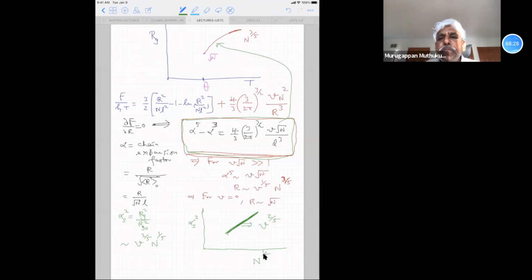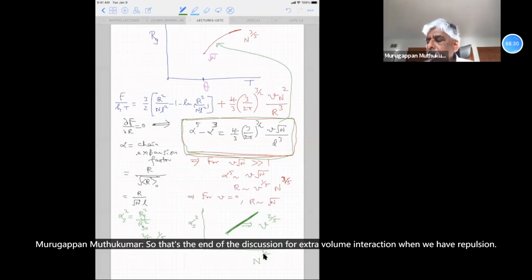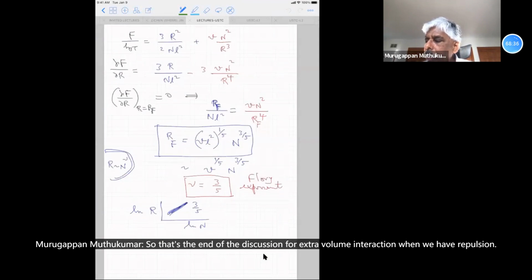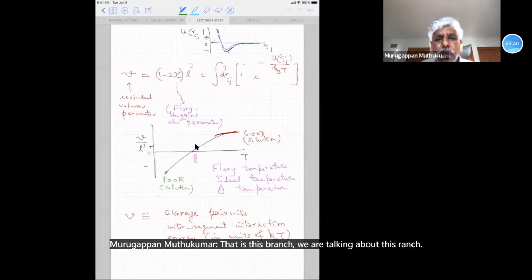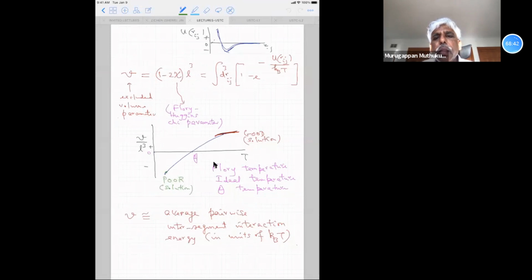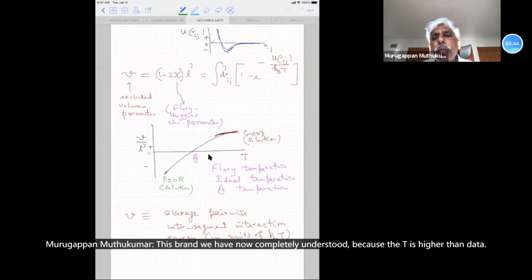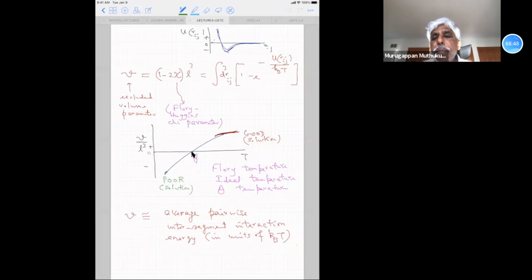Okay, so that's the end of the discussion for excluded volume interaction when we have repulsion. We are talking about this branch, which we have now completely understood because T is higher than theta.